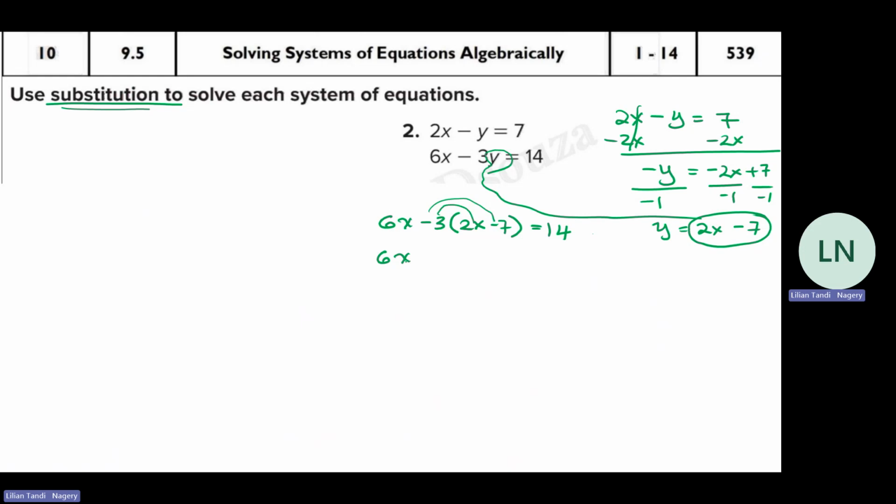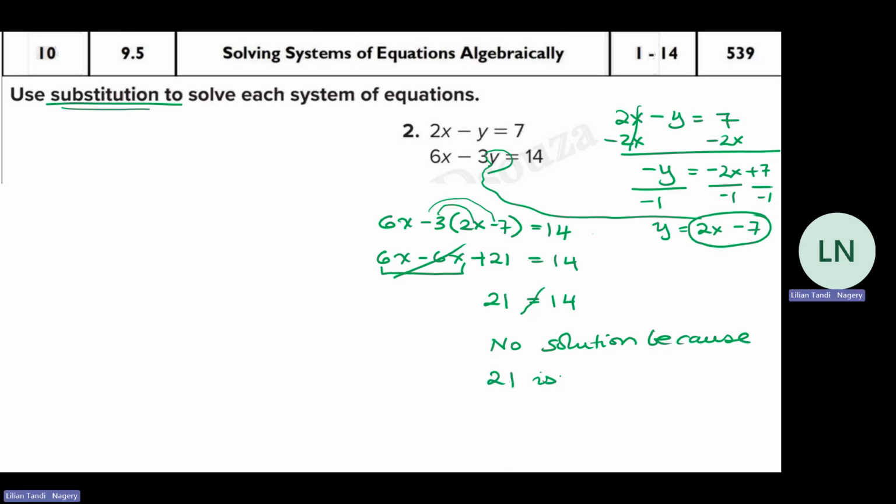So I have 6x minus 6x plus 21 equals 14. 6x minus 6x becomes 0. 21 equals 14 is not true. So this will be no solution because 21 is not equal to 14. Okay?